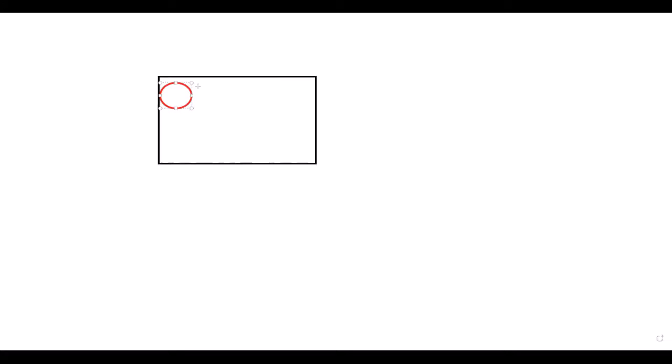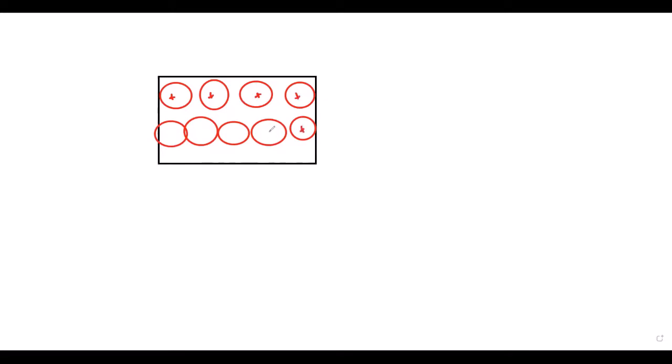So there will be a lattice of the positive ions, and we will have the delocalized electrons. Electrons will be there which are free to move. So these electrons drift or move from one place to another.